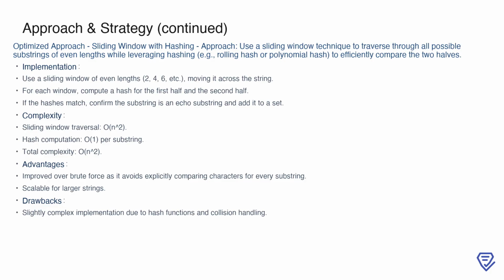This can be done efficiently using techniques like rolling hashes or polynomial hashes. If the hashes match, we confirm that the substring is an echo substring and add it to a set for uniqueness. This approach reduces the time complexity to n squared, as the sliding window traversal still involves iterating over the string, but hash computation for each substring is constant time.